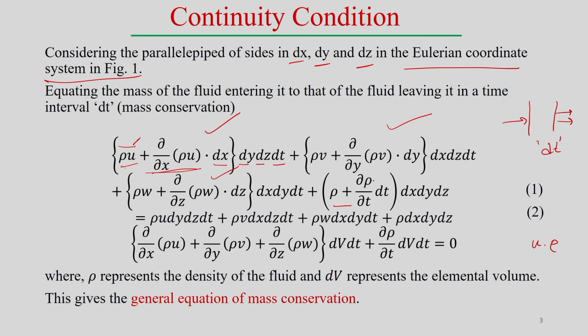Initially the density was rho, but once we exit, the density is modified by del rho by del t into dt. This is the change of the density that we consider over the volume dx, dy and dz, which is equivalent to the elemental volume dV.